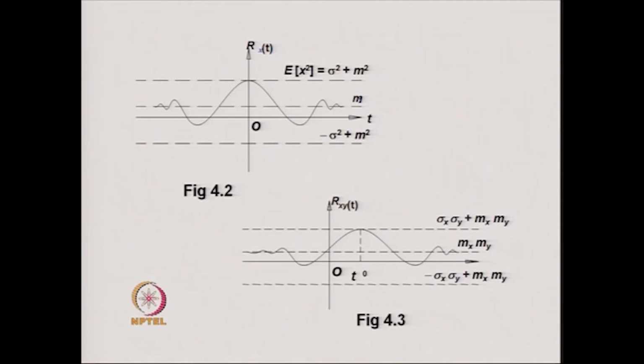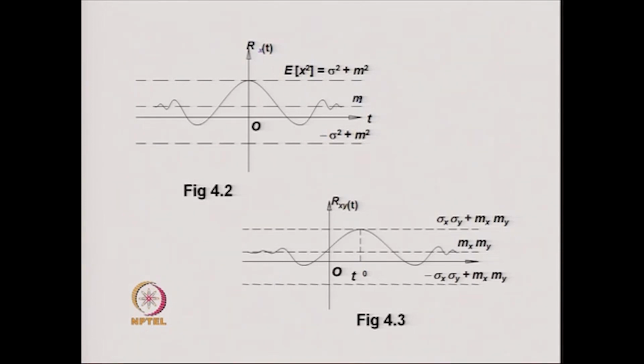So, as tau increases, there is a lack of correlation between the two random variables x(t1) and x(t2), and for large values of tau the correlation between these two random variables may be negligible.